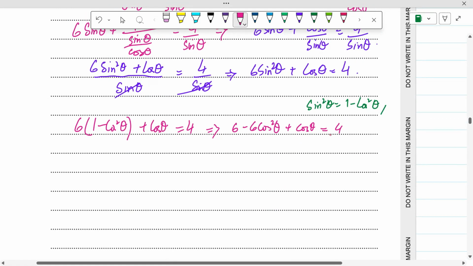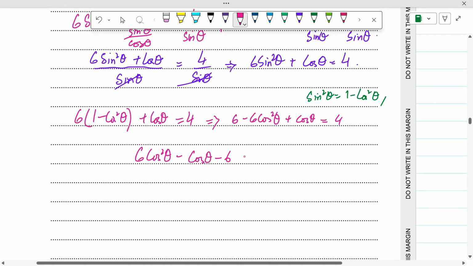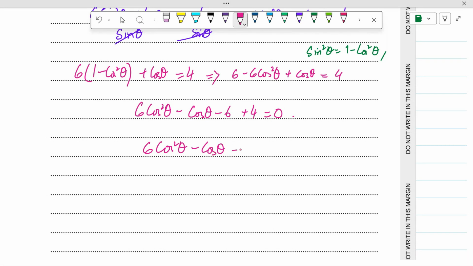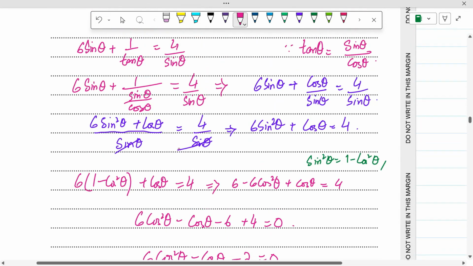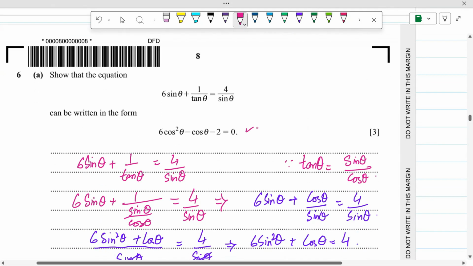Switching all terms to the other side, we will have 6 cos square of theta minus cos of theta minus 6 plus 4 equal to 0. And this is equal to 6 cos square of theta minus cos of theta minus 2 equal to 0, which is the given equation.